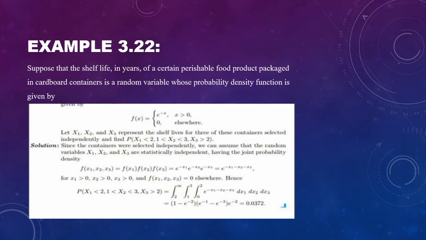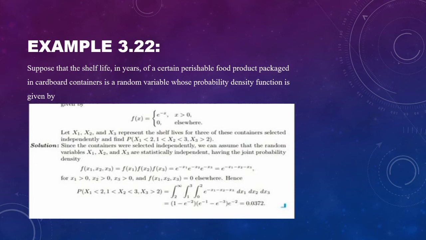So for the solution, since the containers were selected independently, we can assume that the random variables x sub 1, x sub 2, and x sub 3 are statistically independent, having the joint probability density f of x sub 1, x sub 2, x sub 3 equal to f of x sub 1, f of x sub 2, f of x sub 3, which is equal to e to the negative x sub 1, e to the negative x sub 2, e to the negative x sub 3.